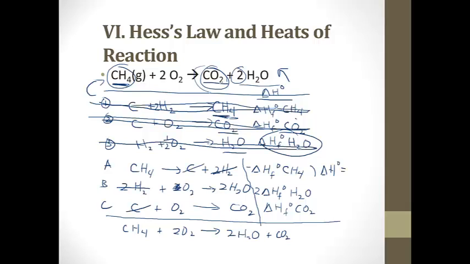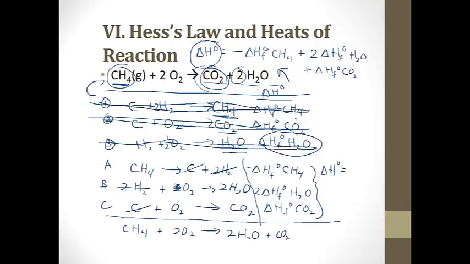Okay, so if we put it in there, it turns out to be delta H naught will equal negative heat of formation of CH4 plus 2 times the heat of formation of H2O plus the heat of formation of CO2. Okay, so that is what the delta H will end up being.